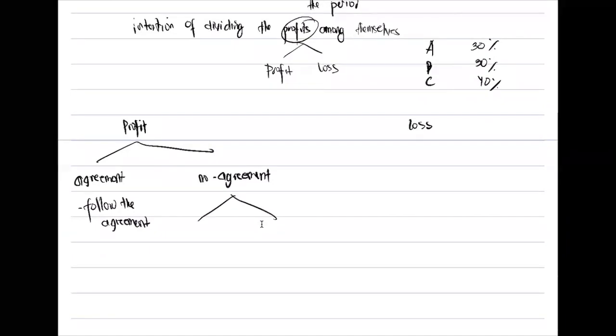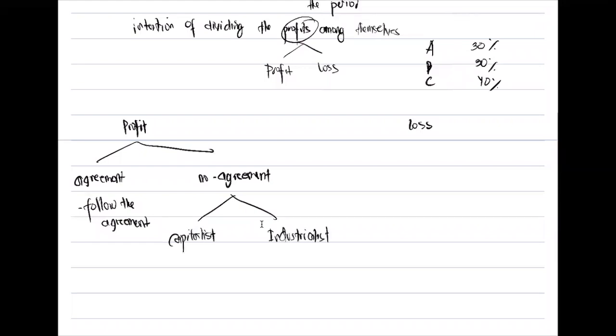If there is no agreement, you look whether the partner is a capitalist partner or an industrialist partner. Remember, guys, who is a capitalist partner? It is a partner who invested money or property in the partnership. An industrialist is a partner who invested only his or her industry. So how do we give the profit to the capitalist? For the capitalist, it is in proportion to the capital contribution.